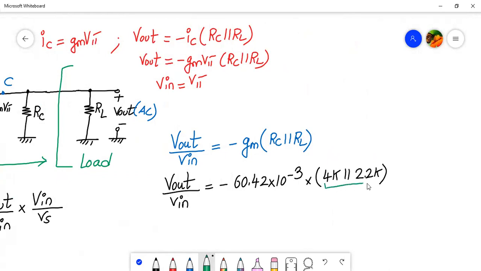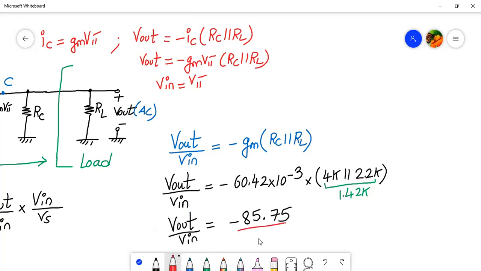Now this number, if you do it in your calculator, will be around 1.42K. So 1.42K into 60.42 into 10 raised to minus 3. What will be the result? V out divided by V in is coming out to be minus 85.75. Okay, so that's the value which we are getting for V out upon V in.